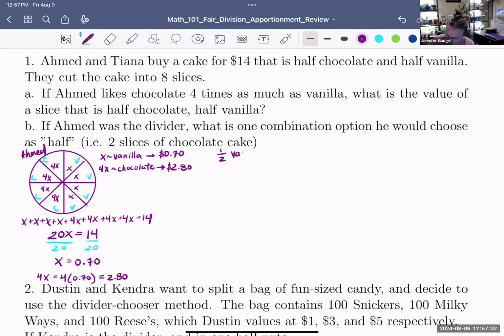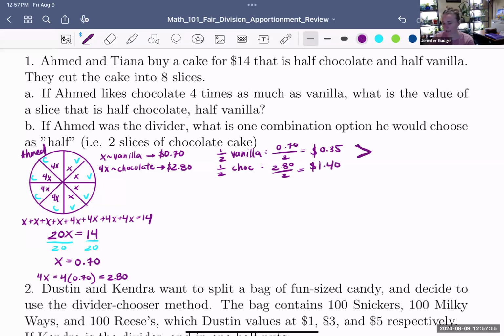So 1/2 of a vanilla slice is a half of 70 cents, which is 35 cents. And 1/2 of a chocolate slice is half of $2.80, which is $1.40.